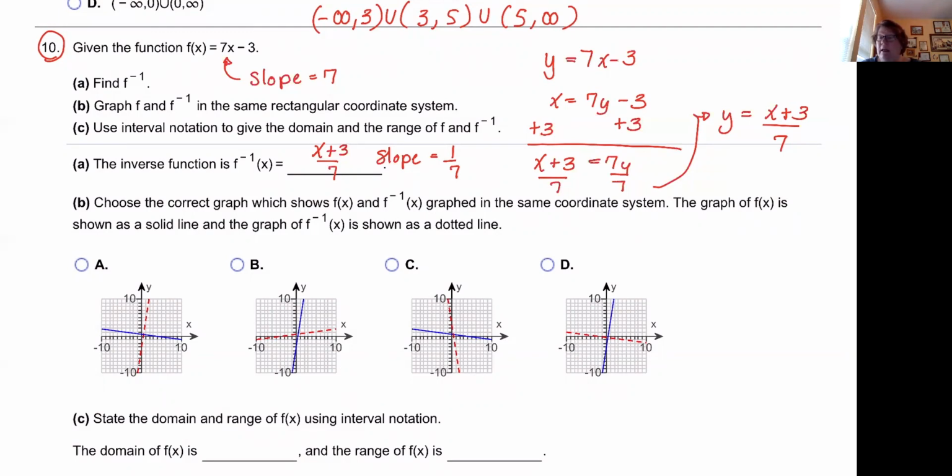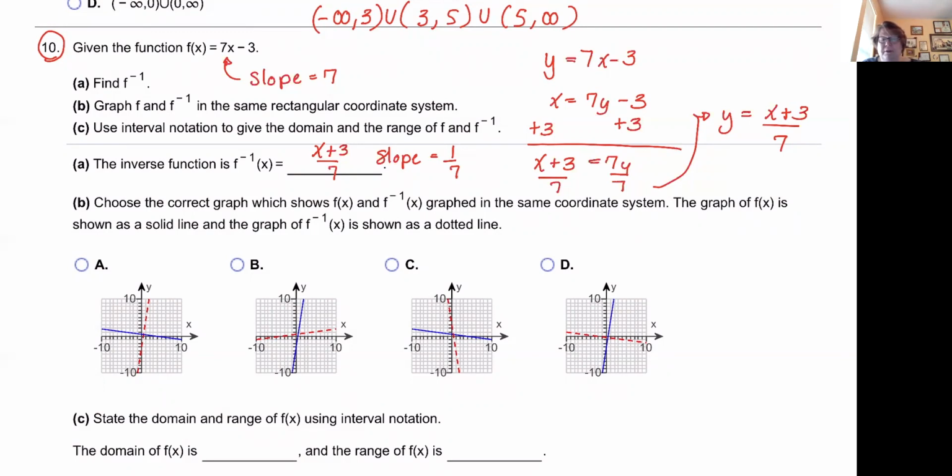Can't be D because the slope of the function is correct, it's going up, but the slope of the inverse is going down. The slope's going to have to be positive for the inverse. So it can't be A, can't be C, can't be D, it must be B. And that looks correct to me anyway.